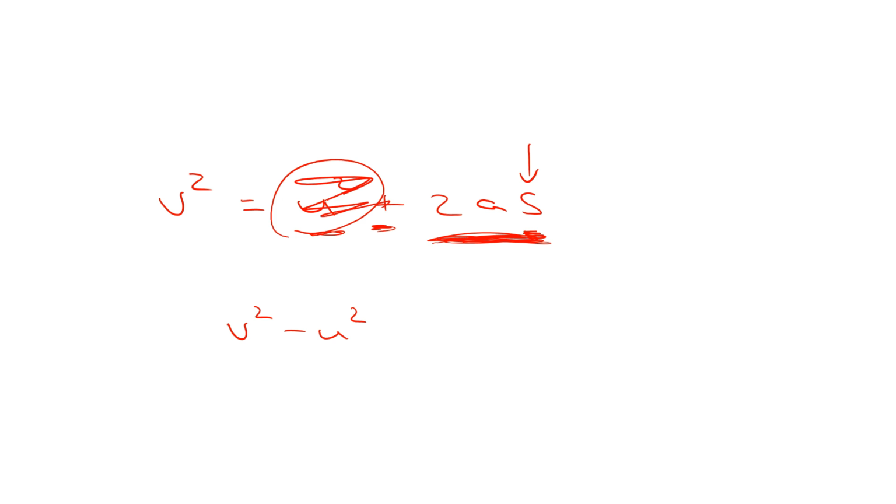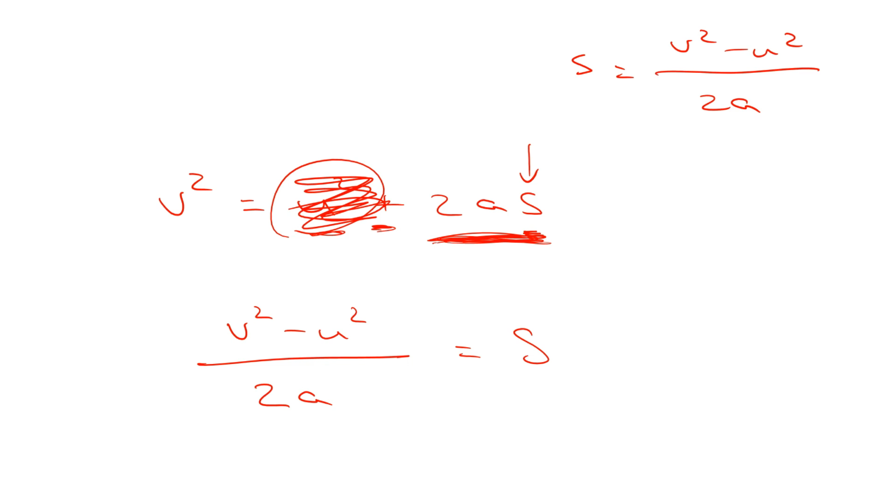So that's not there anymore. And then we can take the 2 and the a across, and because they've been multiplied by the displacement, on the other side of the equals, they're going to be divided by. All right, so we're going to be divided by 2 divided by a, and we're left with s, the displacement. And remember what I did earlier was I actually just wrote it, started with the s, and then I had the rest of it like this.